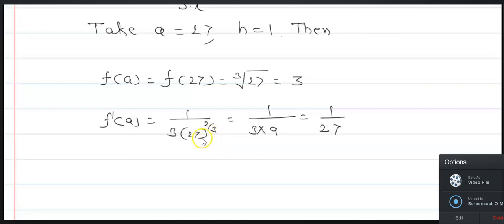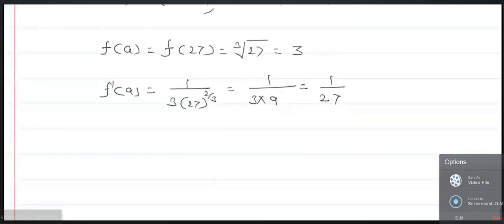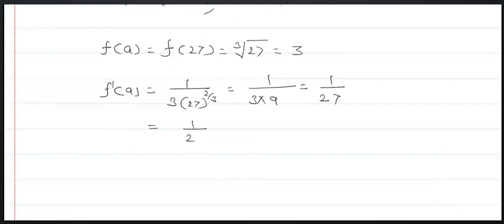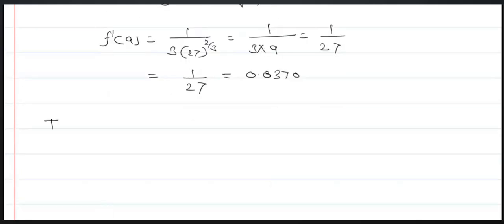First of all, we find its cubic root: the cubic root of 27 is 3. And then we take the square of 3, which is 9. Therefore 3 into 9 is 27. So f dash of a is equal to 1 upon 27, that is equal to 0.0370.